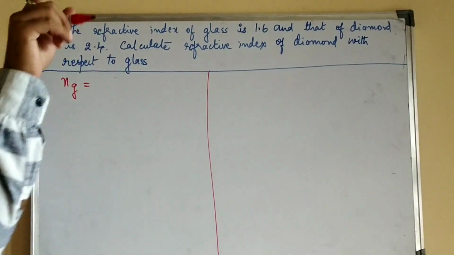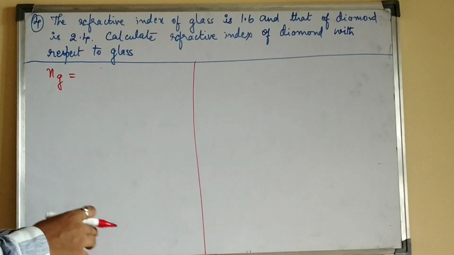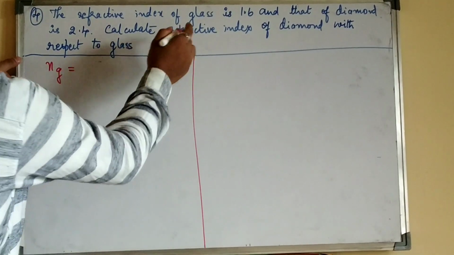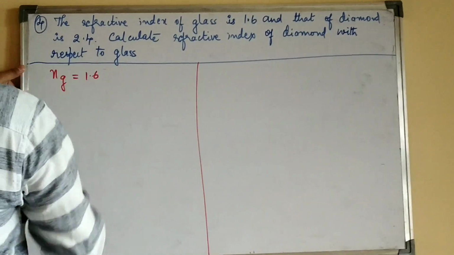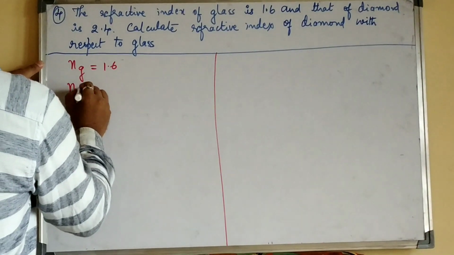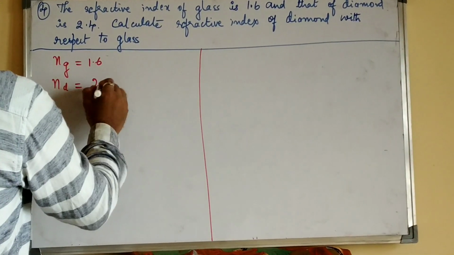You can even take mu g. Mu is also the Greek symbol to represent refractive index, don't get confused. So Ng is equal to 1.6. Then the refractive index of diamond, Nd, I will take diamond as small d, is 2.4.